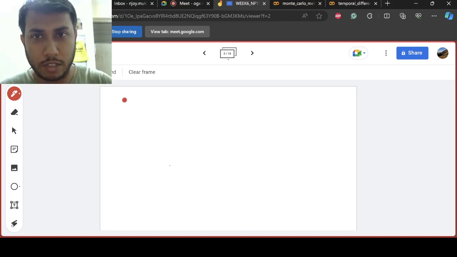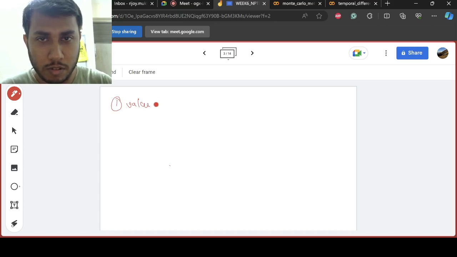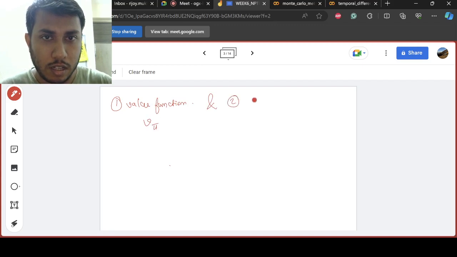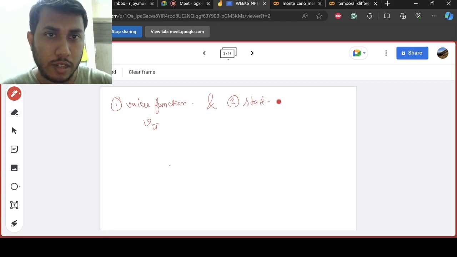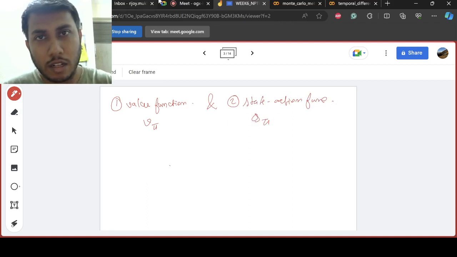We are given two functions: the value function V pi and the state action function Q pi.